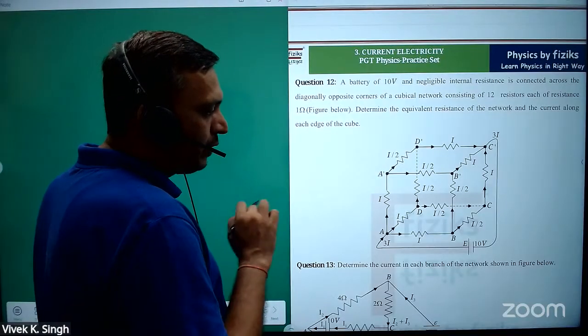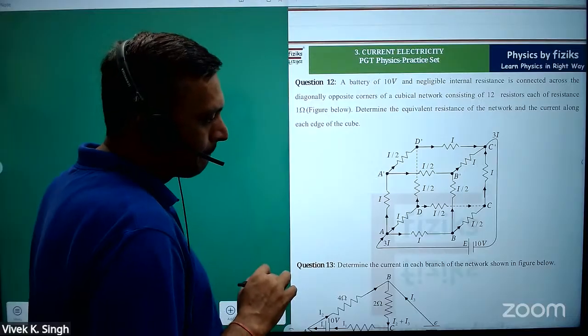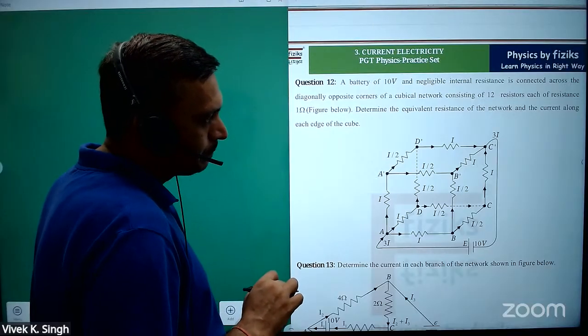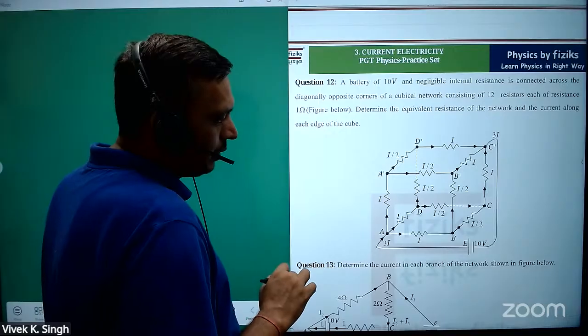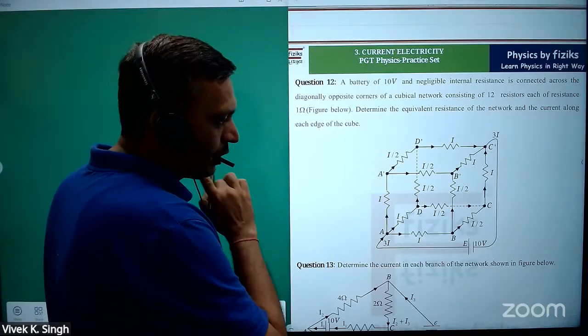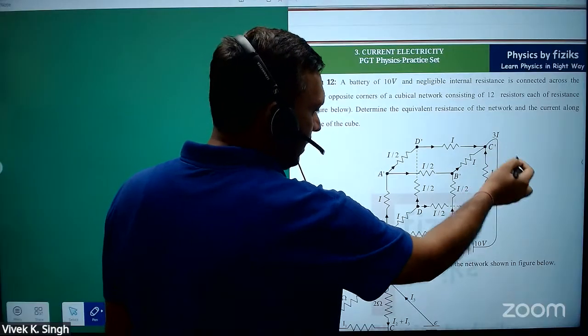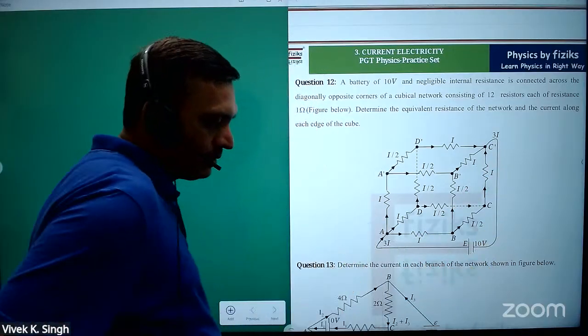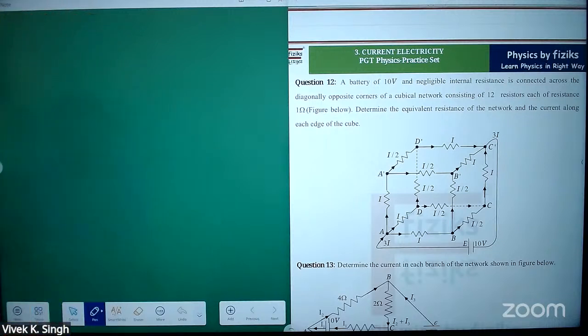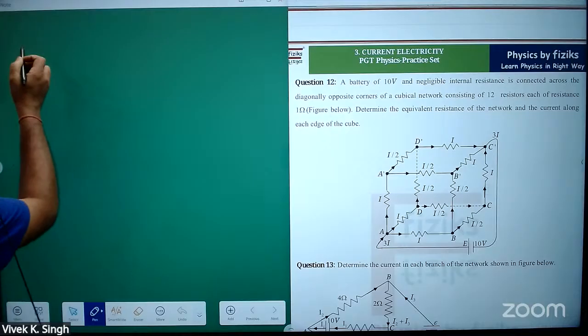So how to find the current? Let's see. I'm taking this particular loop, A, B, C, C dash, E, and A. Consider this particular loop and try to apply KVL. Let's see question number 12.